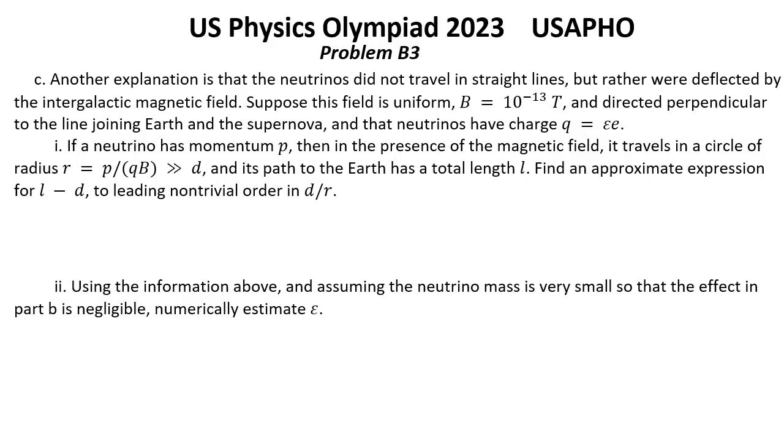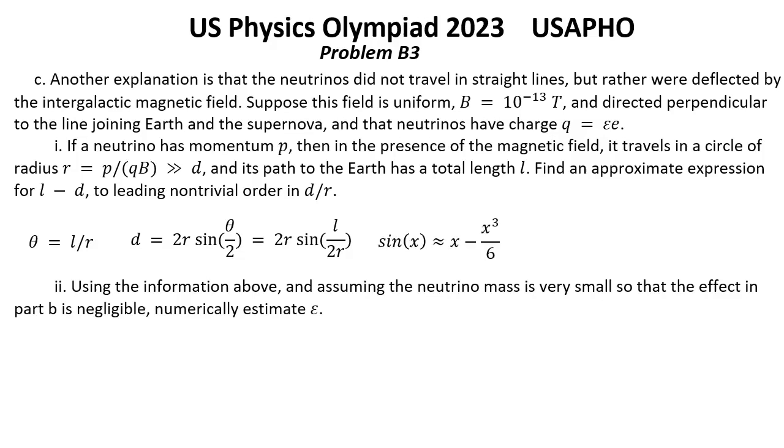Solution. We are computing the difference between the arc length of the small arc and the distance connecting the endpoints. If the arc length is L, the angle subtended is theta equal to L over r. The distance connecting the endpoints is 2r multiplied by sine of L over 2r.